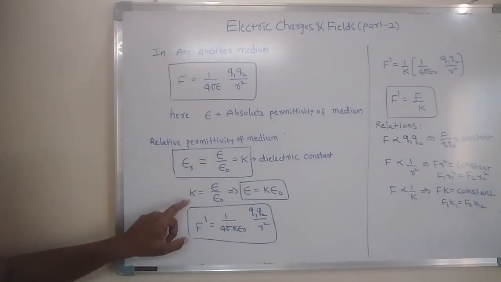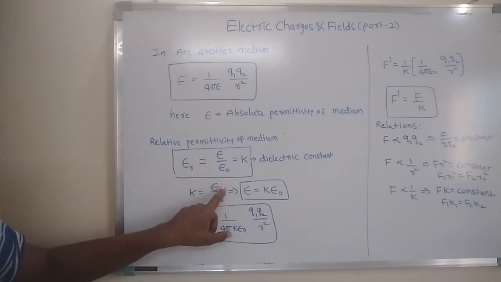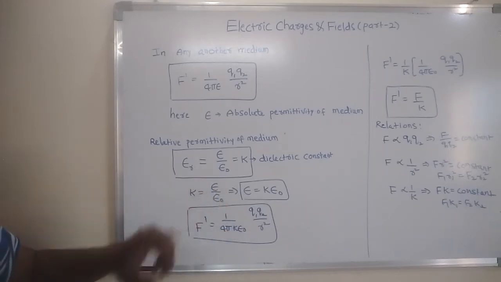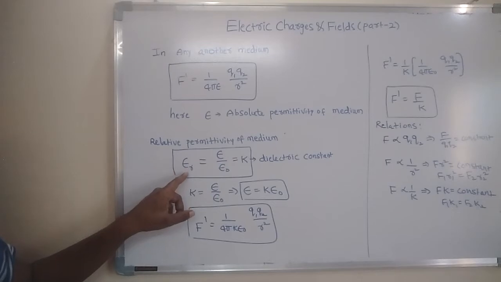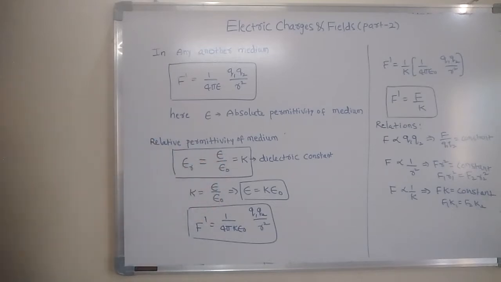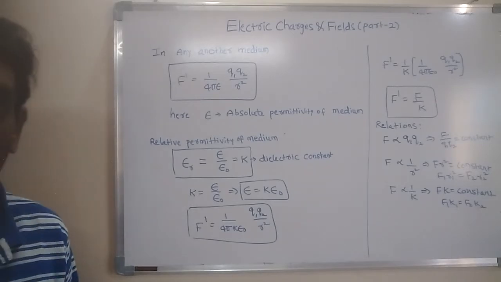If asked the definition of dielectric constant: the ratio of permittivity of any medium to the permittivity of free space, that is dielectric constant. There are no units for dielectric constant, or for relative permittivity, because it is the ratio of two same quantities. Whereas the units of permittivity are what? That is Coulomb square by Newton meter square. That's the difference here. This is about Coulomb's inverse square law.